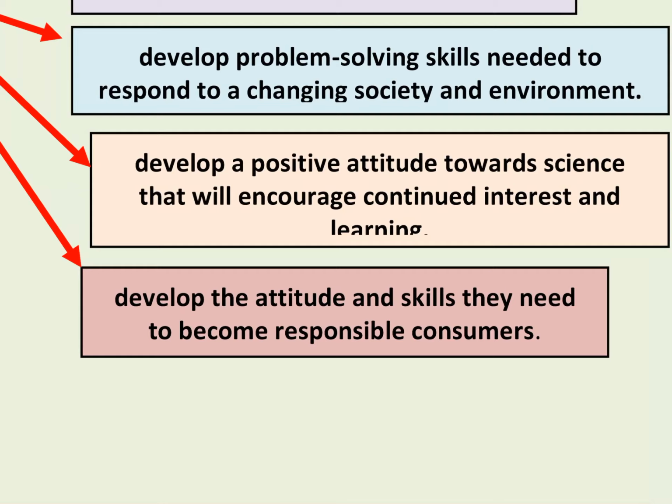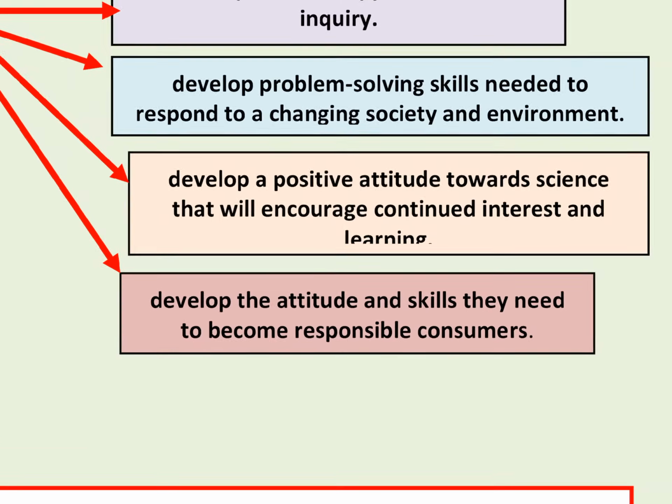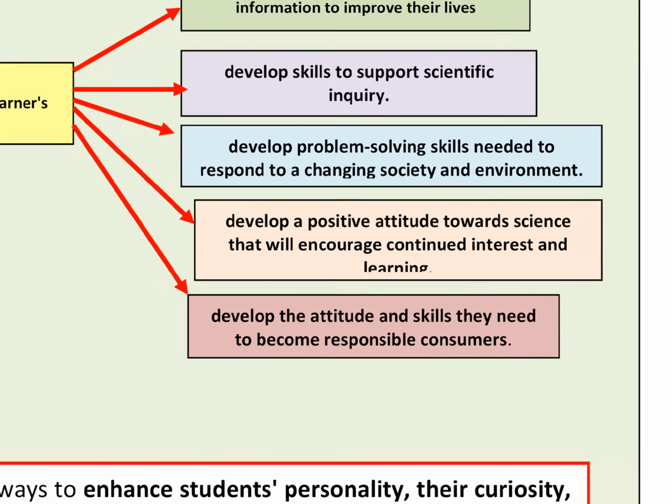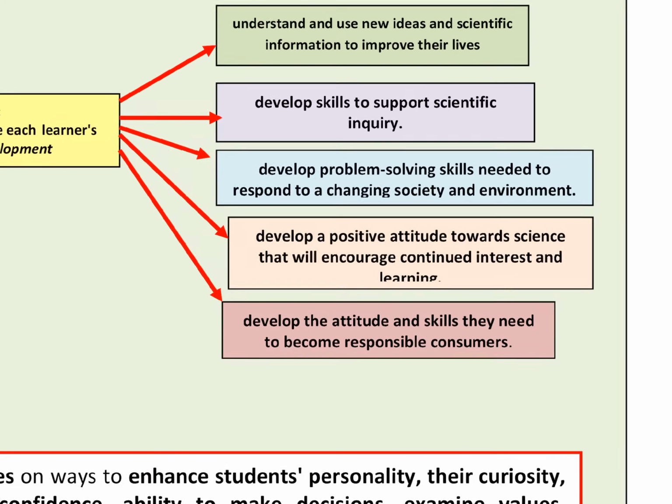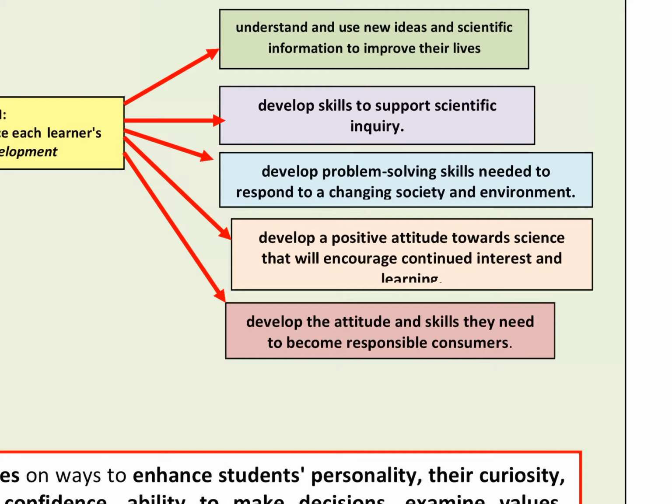Then next, goal 1 emphasizes the development of the attitude and skills they need to become responsible consumers. So the learners are members of the society, and being members of the society, we consume many items, many scientific products.